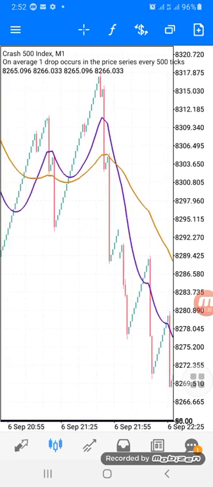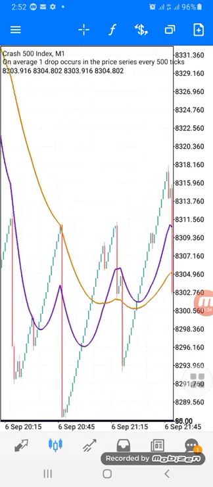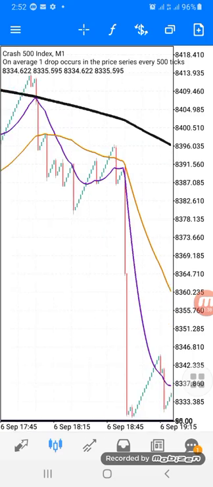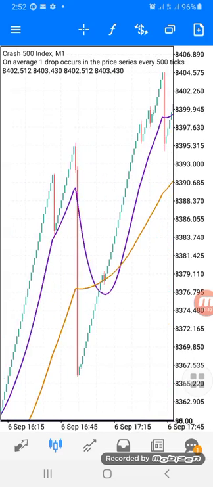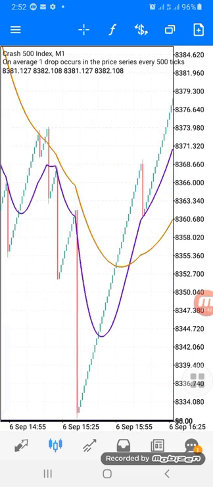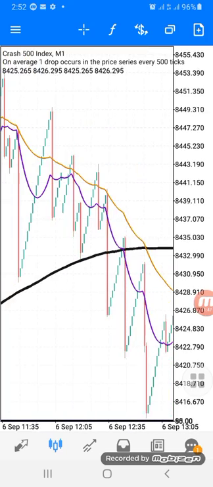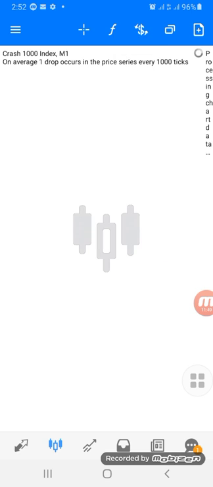But in terms of crash 500 and boom 500, you are to take just a few pips. Maybe you can take 5 pips, 3 pips, 4 pips, depending on the market direction and all that. If you do that, you are going to make a lot of profit with this.